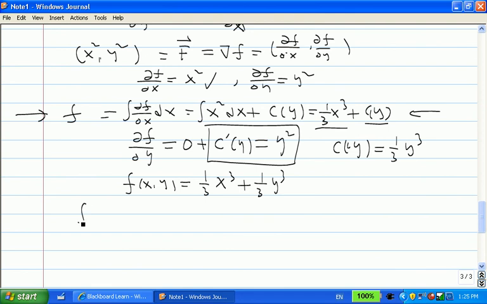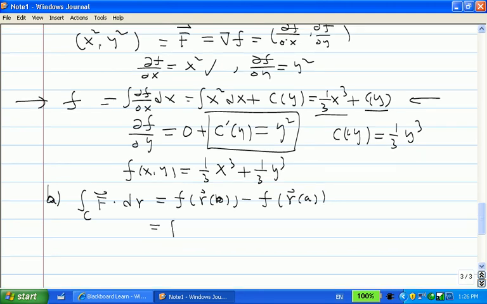Now let's do part B. We want to find this line integral. By using the fundamental theorem for line integrals, this will give you f of r of b minus f of r of a.